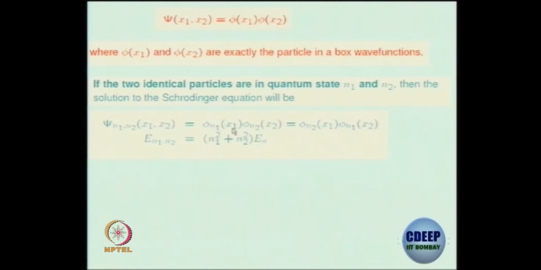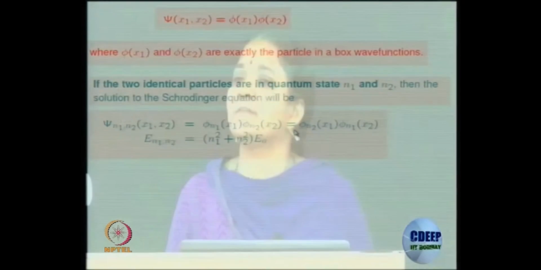You have to take a linear combination so that the composite, when n1 equals n2, has to be 0. But do we see that here? If you put n1 equal to n2, the solution exists. If you put n1 equal to n2, the solution also exists. So these are not valid by Pauli's exclusion principle. What is valid is, you have to take a linear combination.